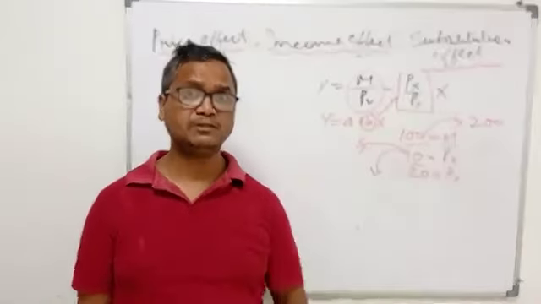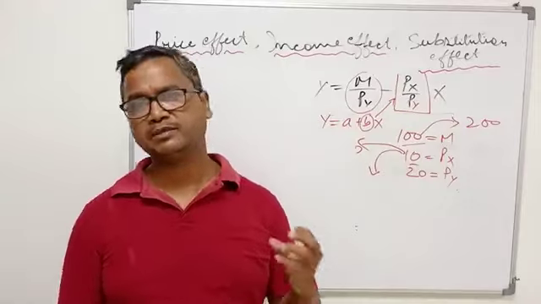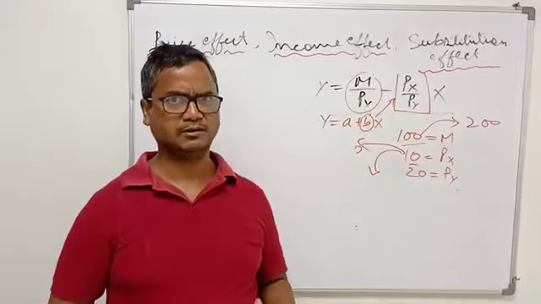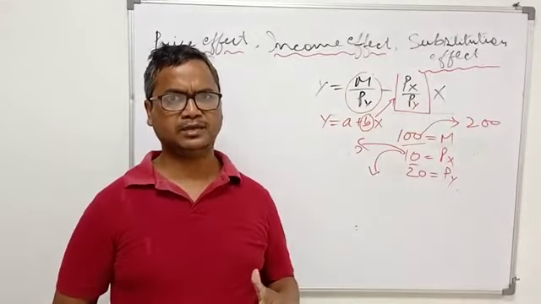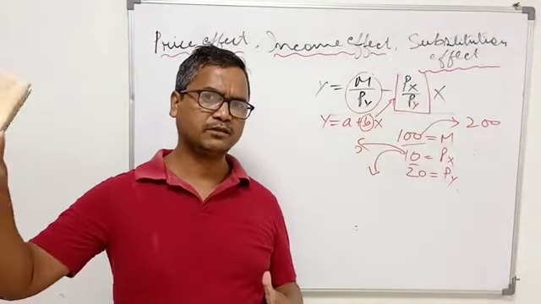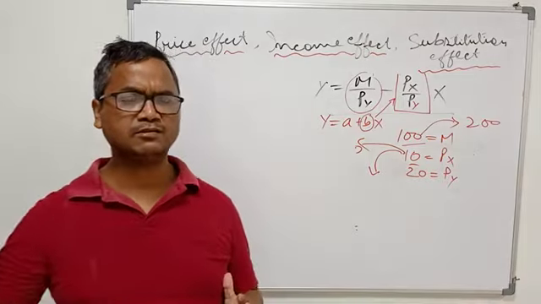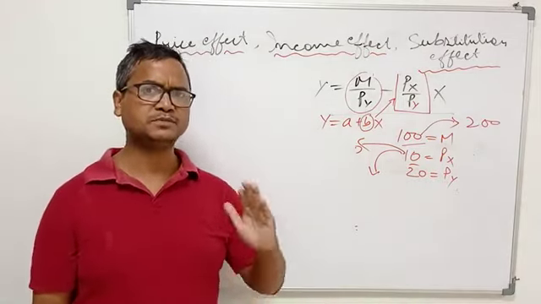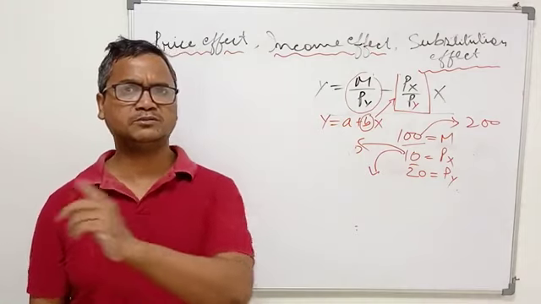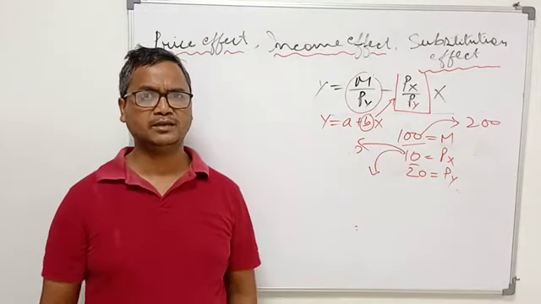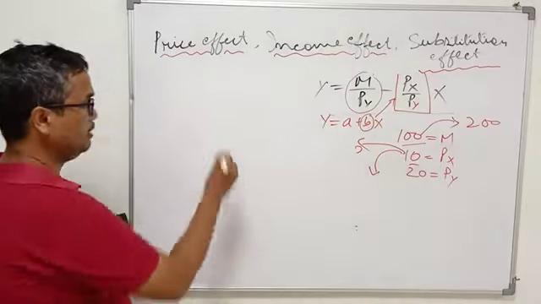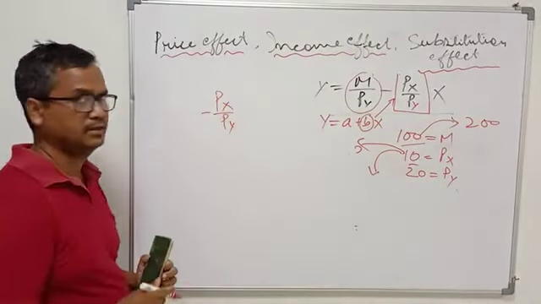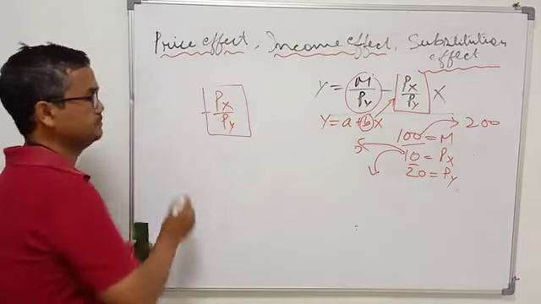For example, you can consider the case of tea and coffee. If the price of tea falls, remaining the price of coffee constant, then the consumer will find that tea has now become cheaper in comparison to coffee. You remember the budget line, the slope is given by this, and this is known as the relative price.